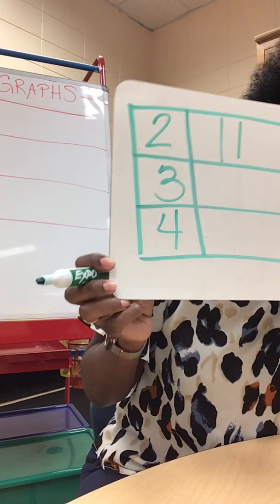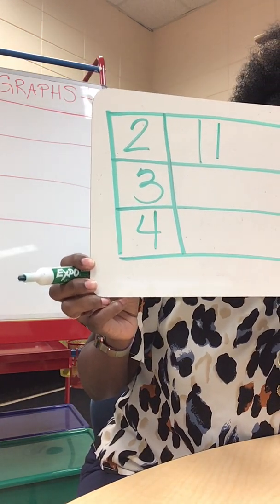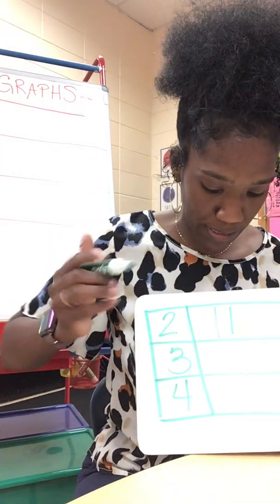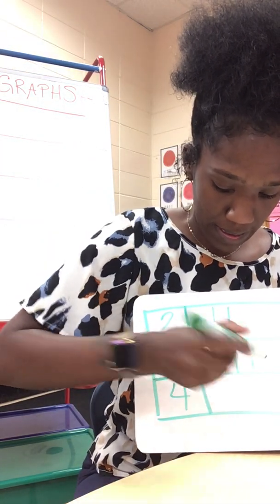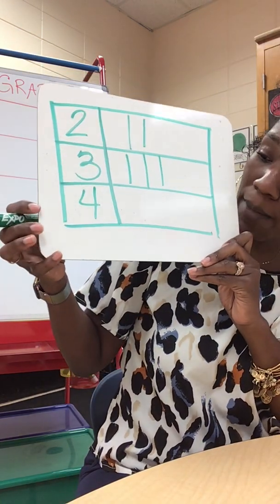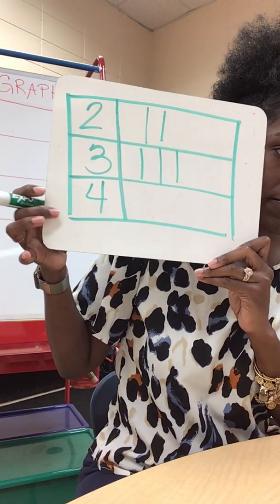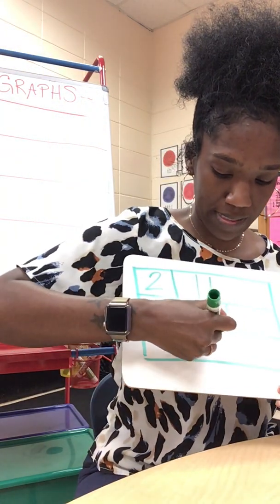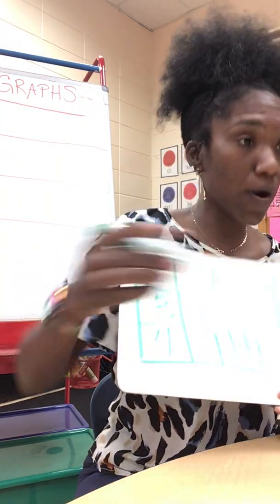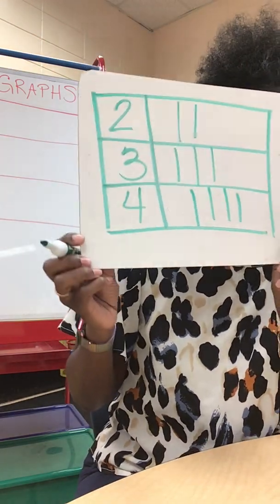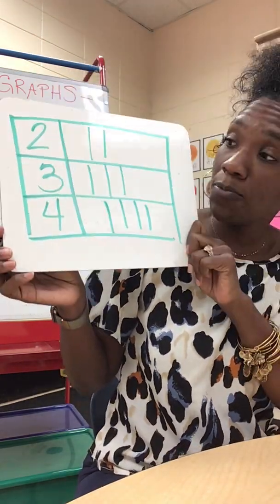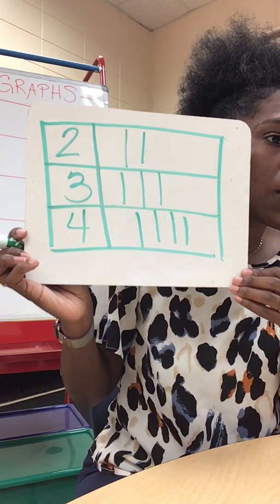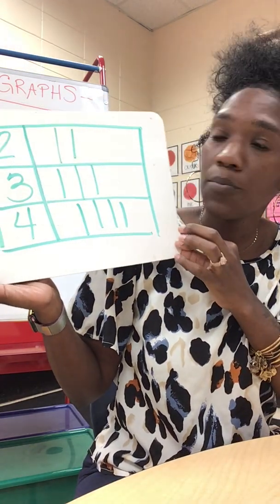So for that second one, Janera, how many tally marks would go there? 3, you are absolutely correct. And we all know that I'm probably gonna put how many here? 4. 4, very good, because that number is 4. So 4 tallies.